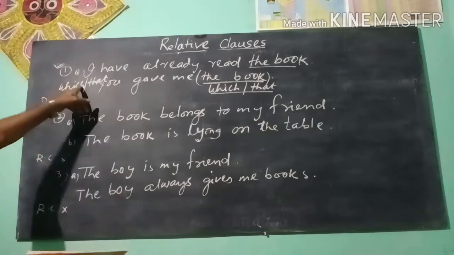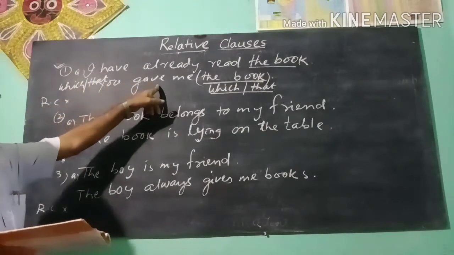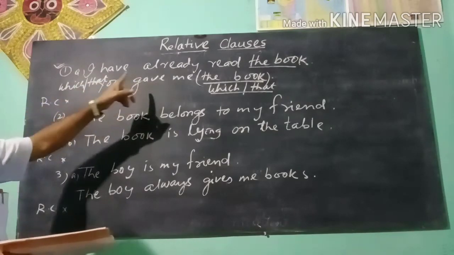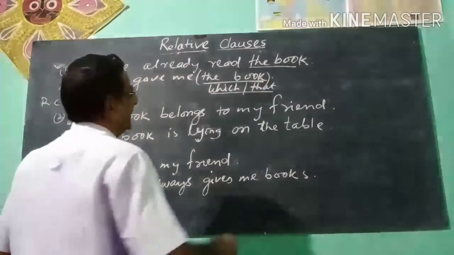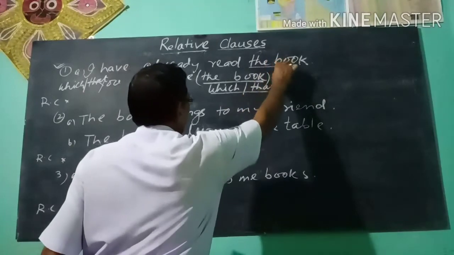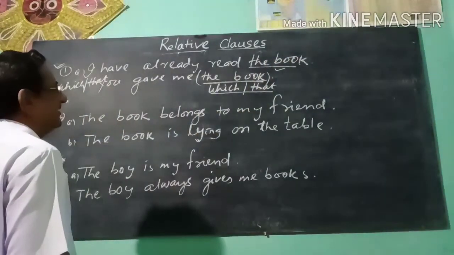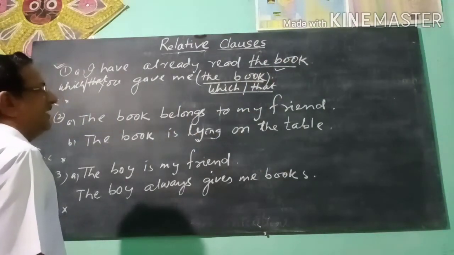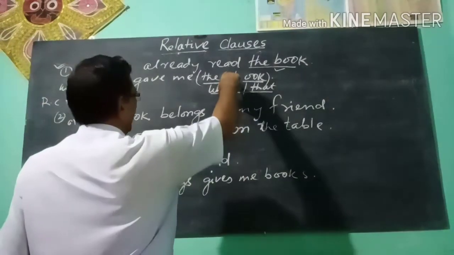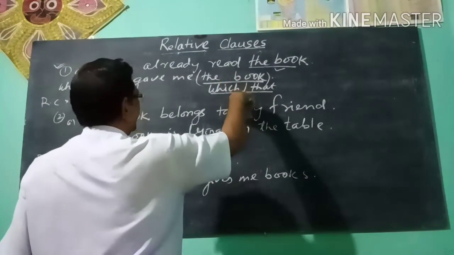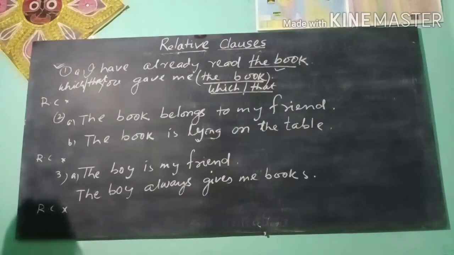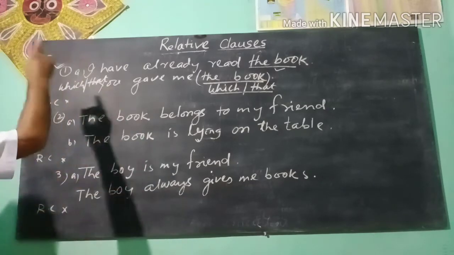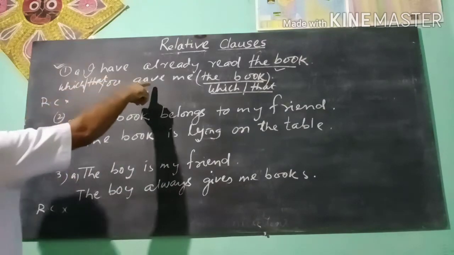Now you see the relative clause is formed. First you find the identical noun phrase. Second, you place the relative pronoun in place of one of the noun phrases. And then you put the relative pronoun at the beginning of that sentence.